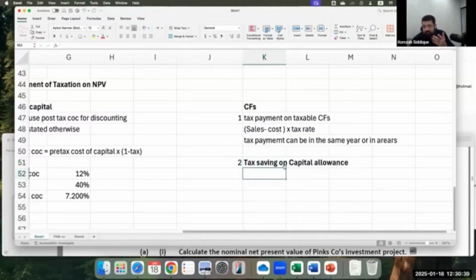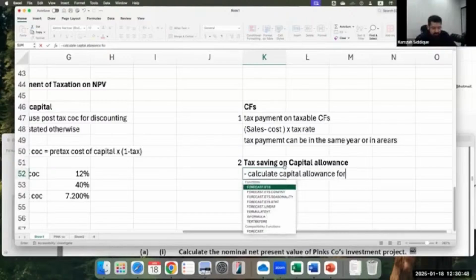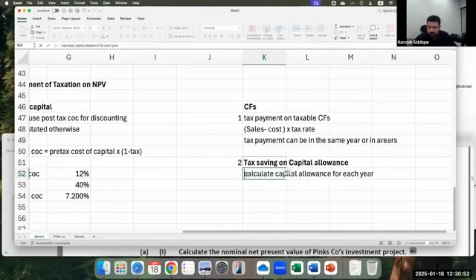You have to calculate capital allowance for each year first of all, and then multiply the tax rate with that to get tax saving.